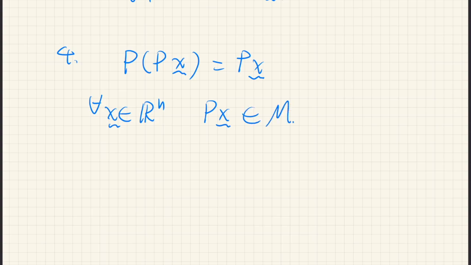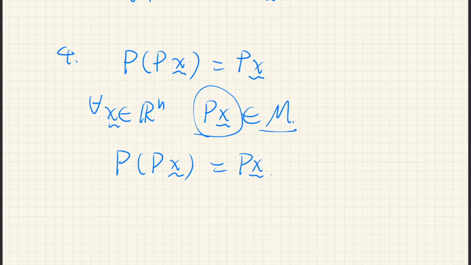But from the previous result, since p of x is already in M, applying the projection again doesn't change that vector, by part 3. Okay, and we're done.